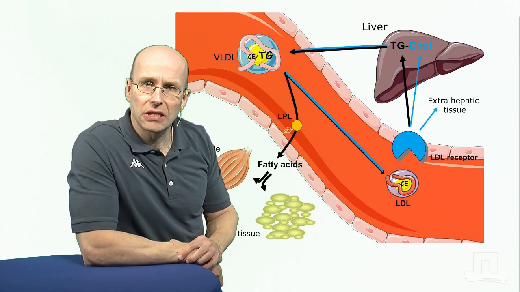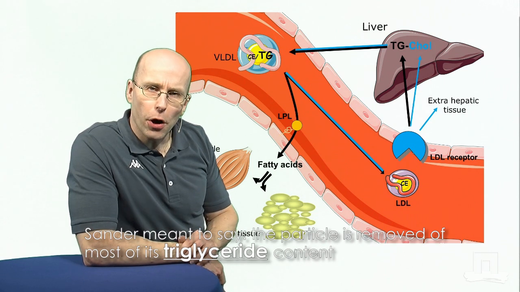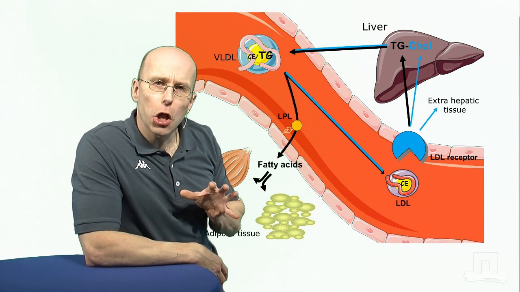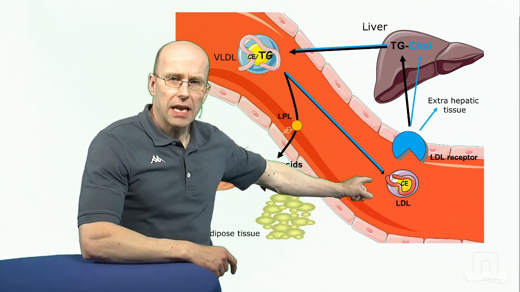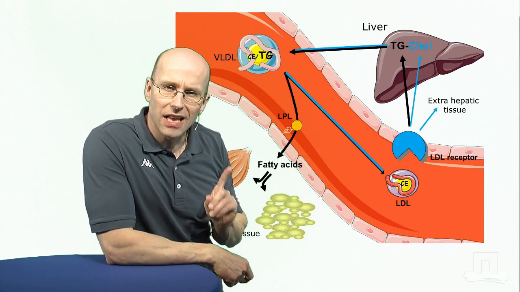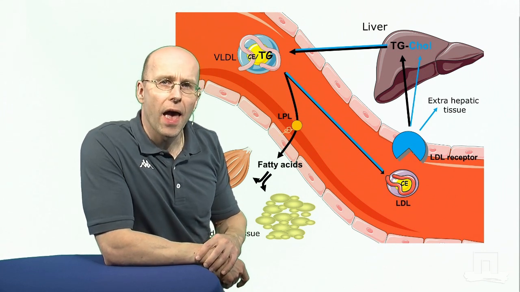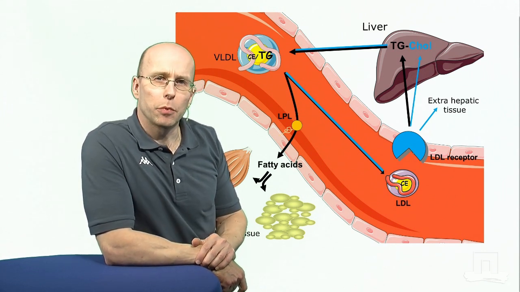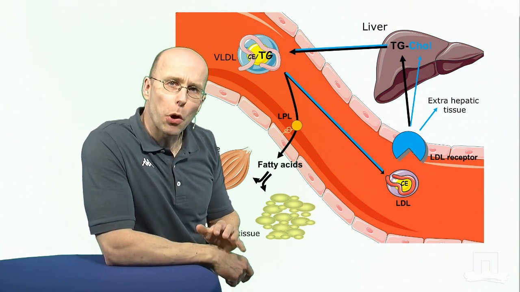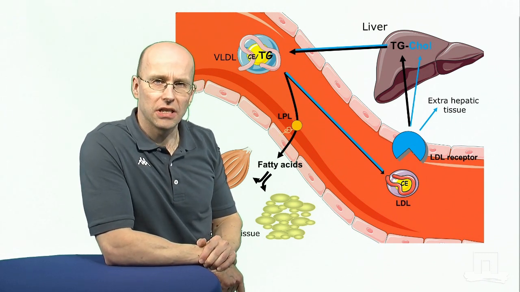Again, the particle is removed of most of its triglyceride content, and the particle that is formed is no longer called very low density lipoprotein, but low density lipoprotein right here. That low density lipoprotein is a very important molecule, because it has been very strongly linked to heart disease. And so now you know how the low density lipoprotein is formed. It is formed from very low density lipoproteins, as most of the triglycerides are removed and the cholesterol remains part of the molecule.